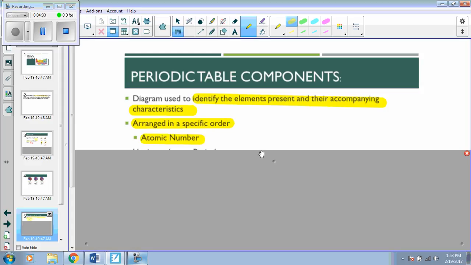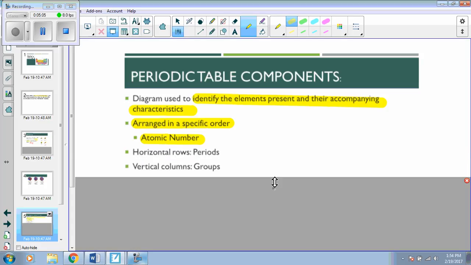So hydrogen is 1, helium is 2, lithium is 3, and so on and so forth. It's not arranged alphabetically. A lot of times they're going to refer to it as being arranged chronologically, which just means in number order, 1 through 118, 119 probably about now, with how many elements we've been able to discover.